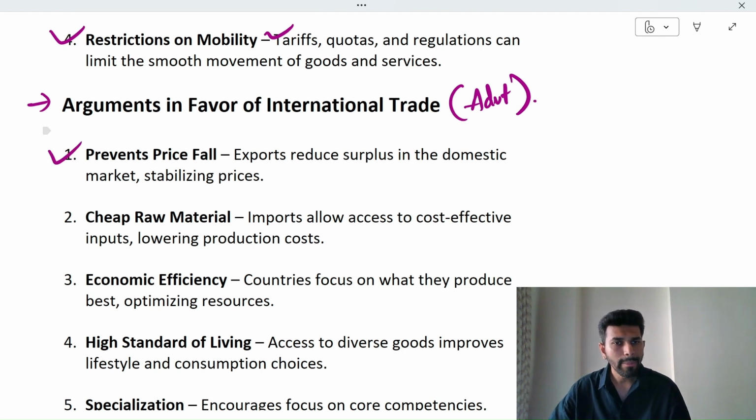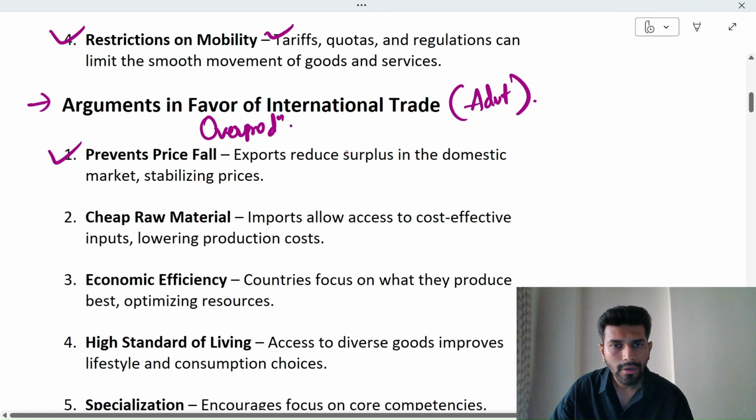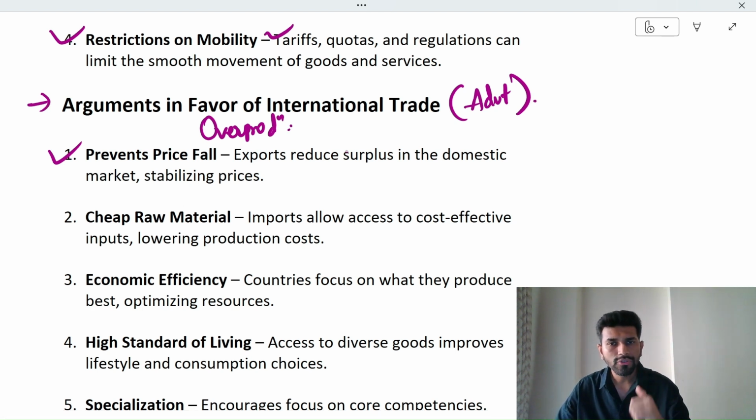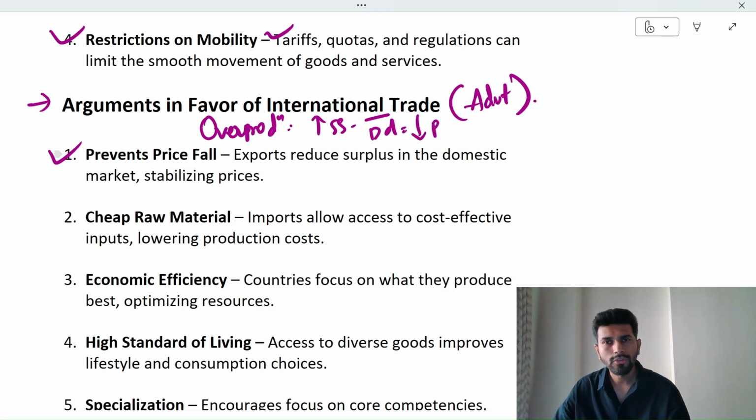First point, prevents price fall. In case of overproduction, supply increases and demand remains constant, so there will be a price fall. To solve this problem, the extra production, that part of production which is in excess, can be sold outside the country.